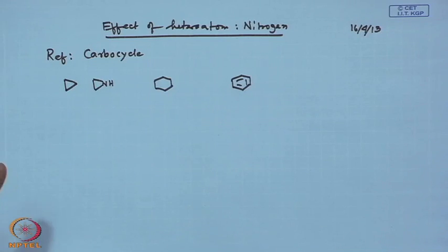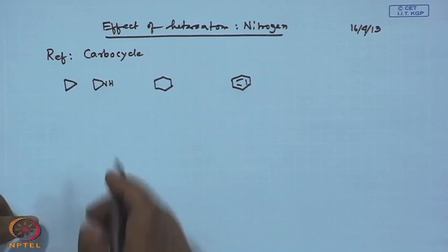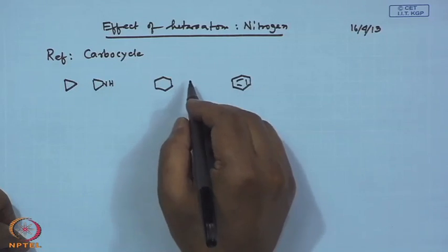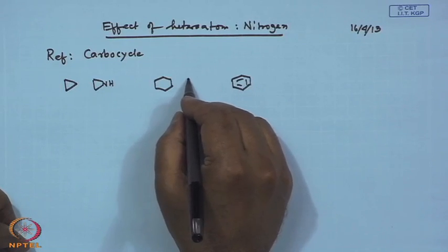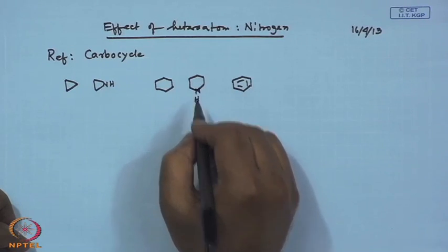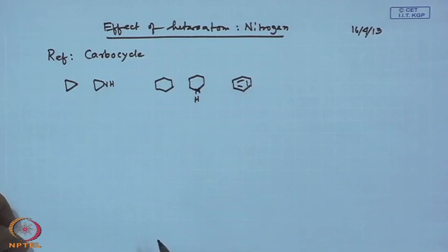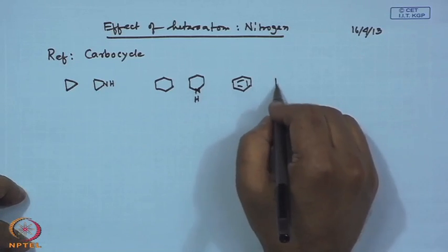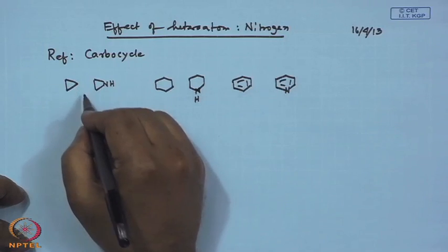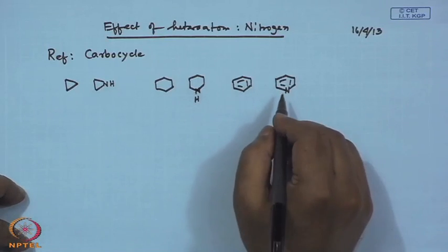So, when you talk about cyclopropane chemistry or the corresponding aziridine chemistry, then you have to compare cyclopropane and aziridine. Similarly, in the case of cyclohexane, all of you can guess, just replace one CH2 by NH, and that would give you piperidine. And likewise, in the case of aromatics, you have to compare with pyridine.